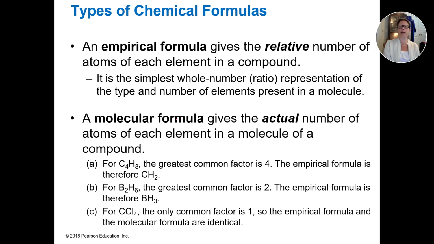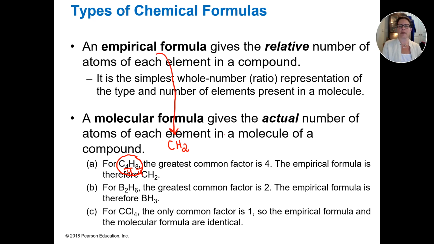So empirical formula, again, it gives you the smallest, simplest whole number ratio formula that's possible. From that, we can grow a molecular formula. So if I look at C4H8, for example, I can see that with the 4 and the 8, just like when we reduce fractions, that's not the lowest whole number ratio I could get. I could divide both of these by 4 and say, okay, CH2 is my empirical.